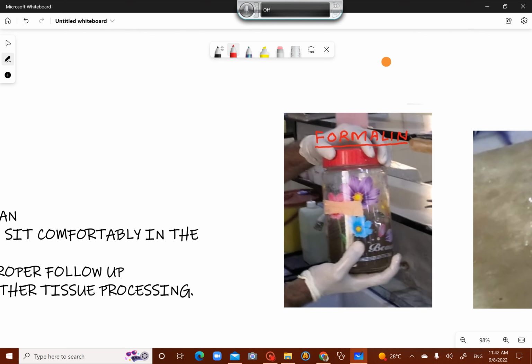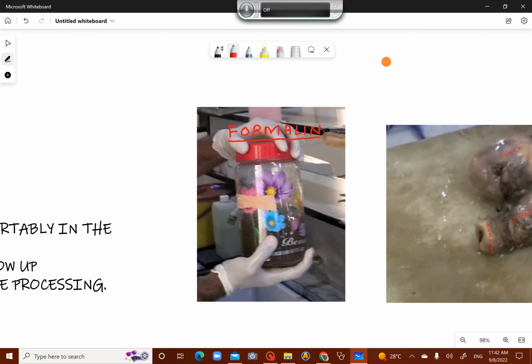So whenever you receive the specimen in a container, it should contain formalin. Now formalin is very important for preserving the tissues. If the tissues are not preserved in formalin, it will get petrified and you won't be able to make a diagnosis.